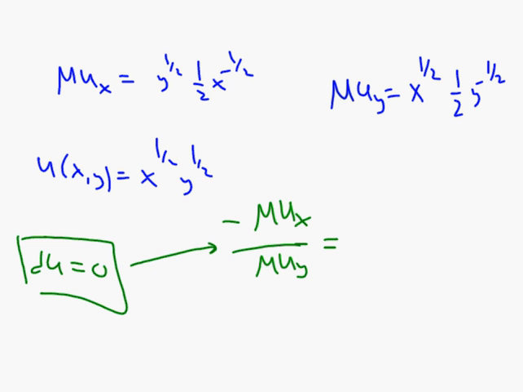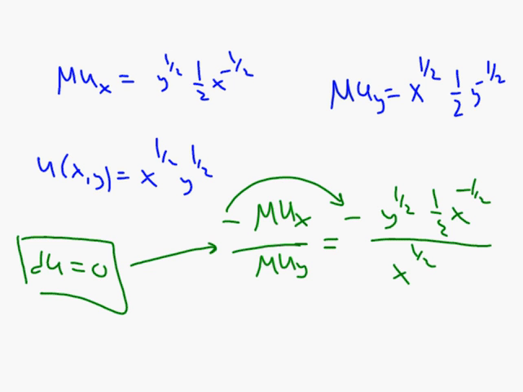Well, we can sub all this stuff in and see what we get. We have negative MUx, so it's going to be y to the 1/2, 1/2 x to the negative 1/2, and there's a negative in front because of that negative. And on the bottom, we have 1/2 x to the 1/2, 1/2 y to the negative 1/2. And then a little bit of algebra.